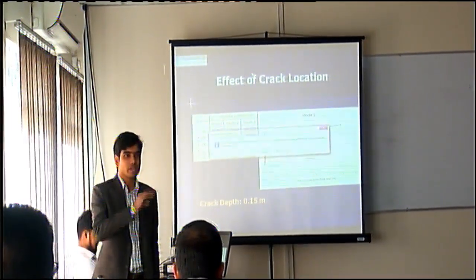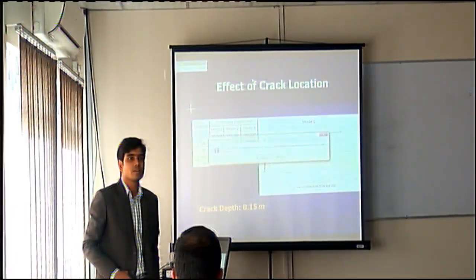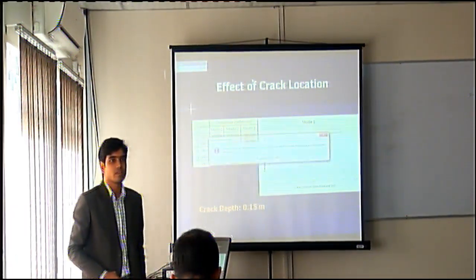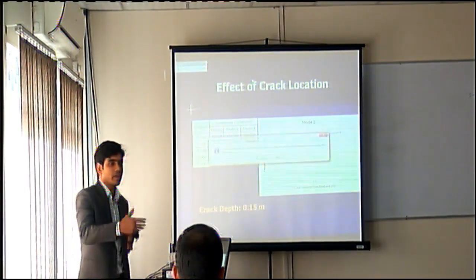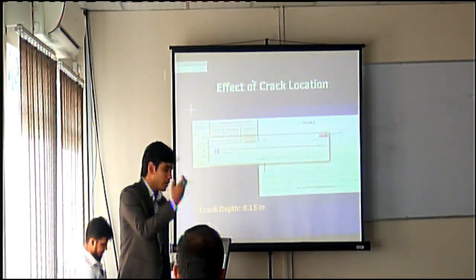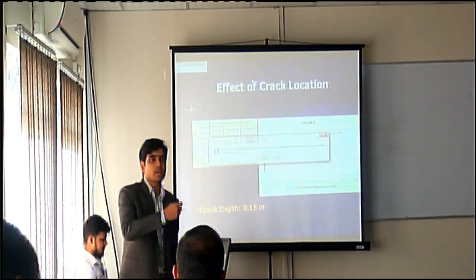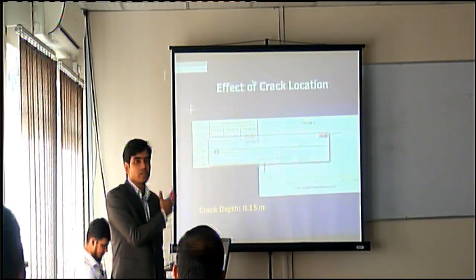Yes, we can extend this study. You have done it for various crack lengths. You can include that also. I can extend this model: if I allow the crack propagation, then what will be the result? This can be included in the study.